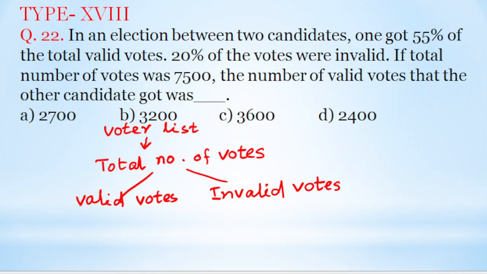So valid votes plus invalid votes is equal to the total number of votes. Now we have to solve this question. Here the total number of votes is given as 7,500.